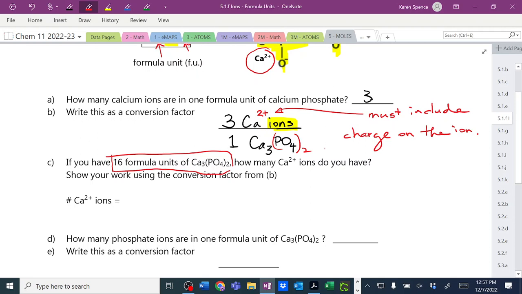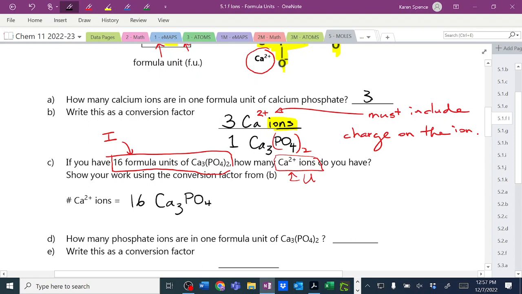If you have 16 formula units of calcium phosphate, so that is our initial quantity, how many calcium ions do you have? That's our unknown. So we don't know the number of calcium ions. We are starting with 16 calcium phosphates. You can just leave it like that if you want to. We have 16 calcium phosphates. What do we need to multiply by? What goes on the top?